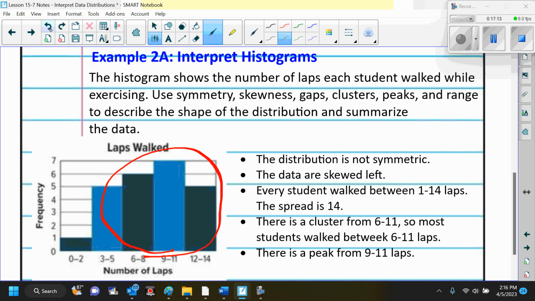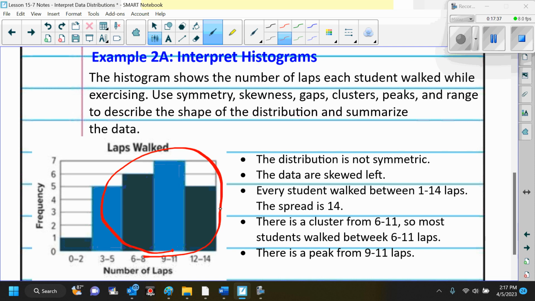Okay? Every student walked between 1 and 14 laps. And the spread is 14. You know, I think I'm going to change this.